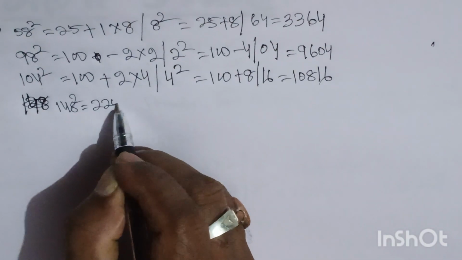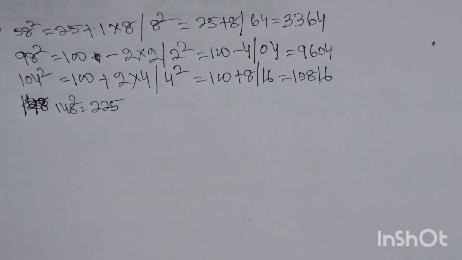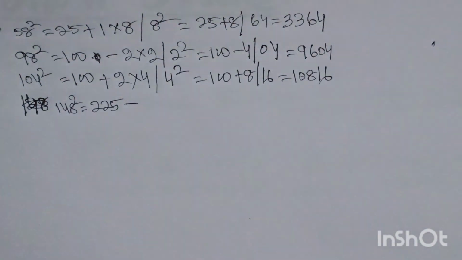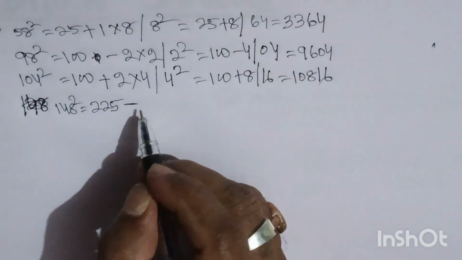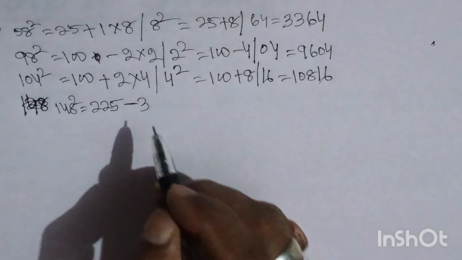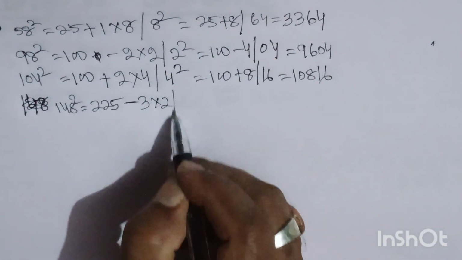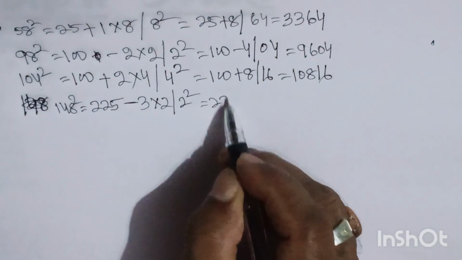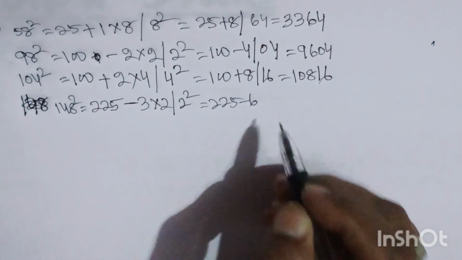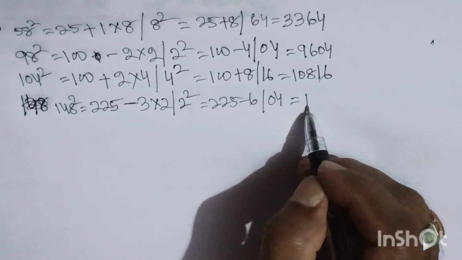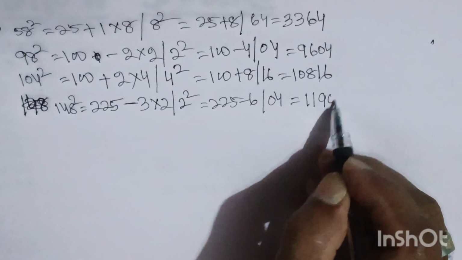So we use 225. As 148 is less than 150, so minus sign is used. Our level is 3, so 3 is used. Difference between the number and 150 is equal to 2, oblique 2 square, is equal to 225 minus 6 oblique 04, is equal to 21904.